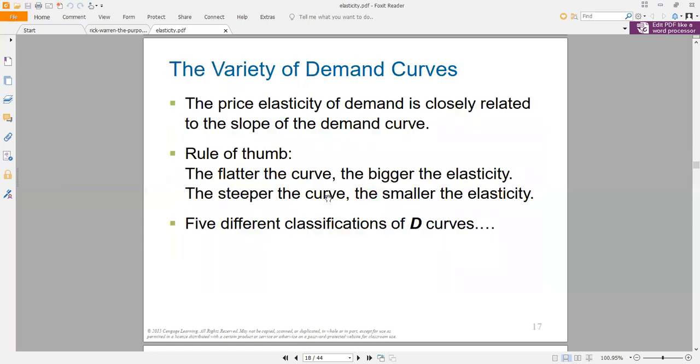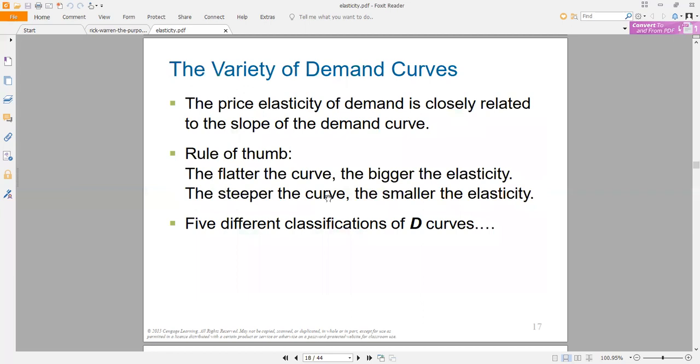All right, now we move on to the variety of demand curves. Now, price elasticity of demand is quite related to the slope of the demand curve. The general rule is that if the demand curve is steep, it means that the price elasticity is very small.